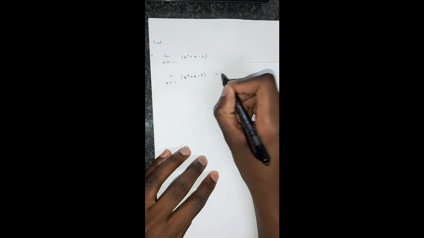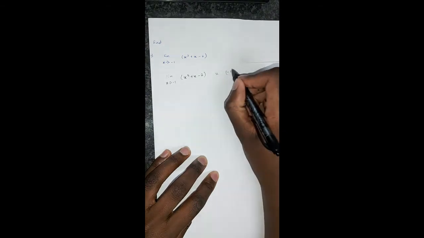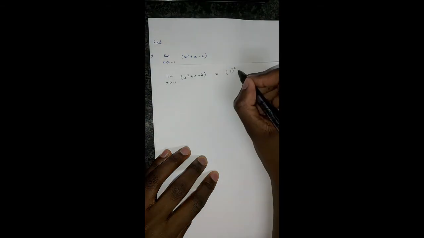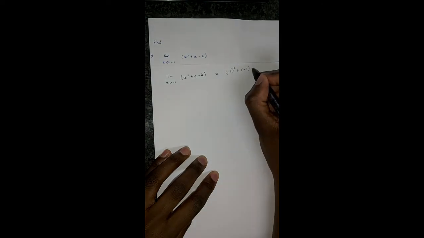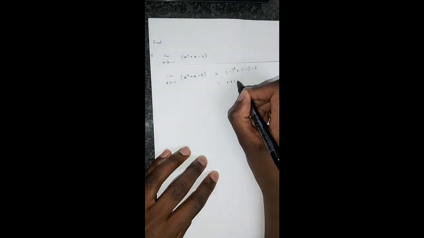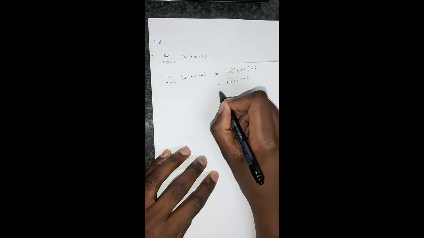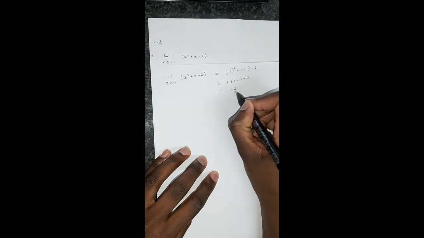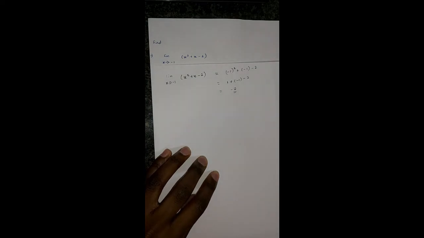By direct substitution, you get negative 1 squared plus negative 1 minus 2, which is 1 plus negative 1 minus 2, which is equal to negative 2. So first, you have to check direct substitution. If that does not work, then you're going to use factorization. Okay, moving on to the next one.